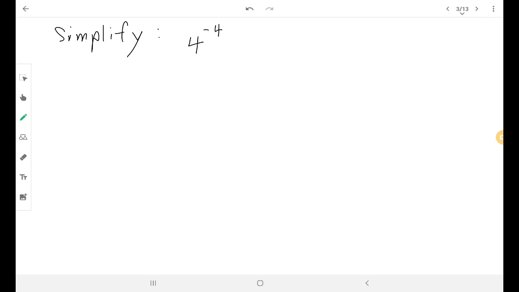Let's move on to another one. So now this is that same problem, and we're just pinning it down to that one little bit. So 4 to the negative 4th, I could call 1 over 4 to the 4th, which is a perfectly acceptable way of representing it.